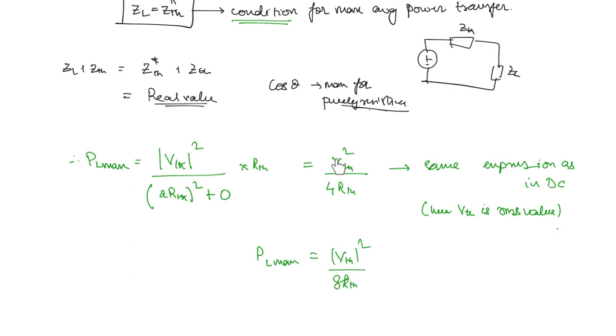Because here in place of the RMS value, if you write in terms of maximum value, what will it be? V maximum divided by root 2, but there is a square here. So V maximum square by 2 you will get. So here you are going to get 8RTH. Okay. So this is when using maximum values, and this is when using the RMS value. Okay. So don't get confused.